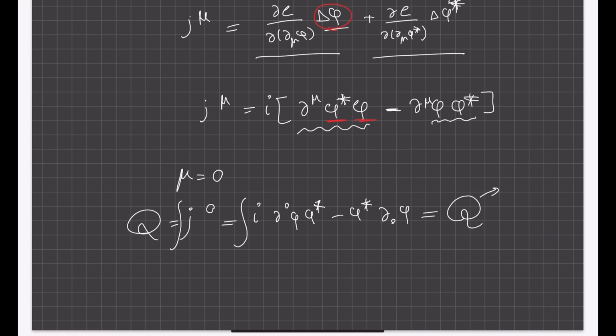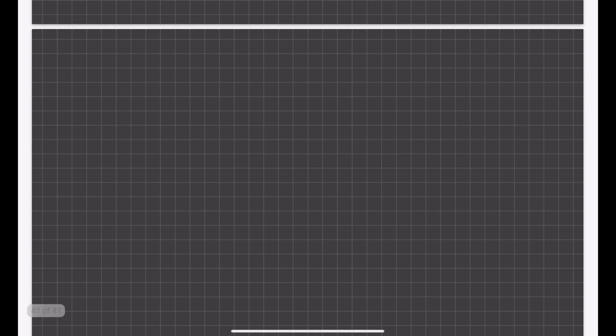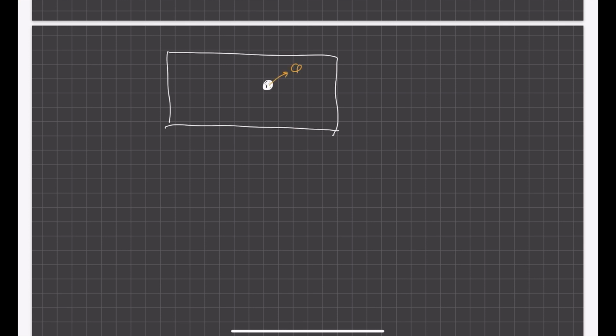So maybe you ask, how did the electrical charges come into the picture? The answer again is in the two component field here. So imagine that at each point you have at the same time some phi and some phi star. And if you think about them, each phi can be seen as some a plus ib.